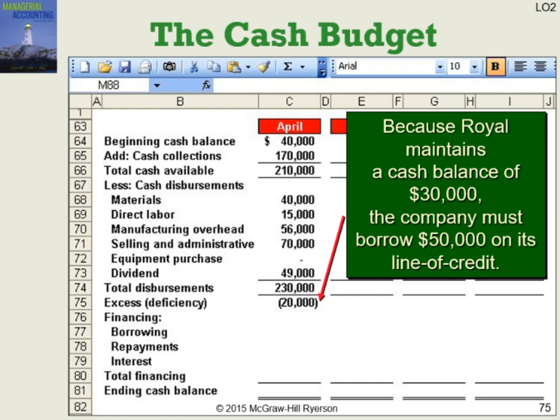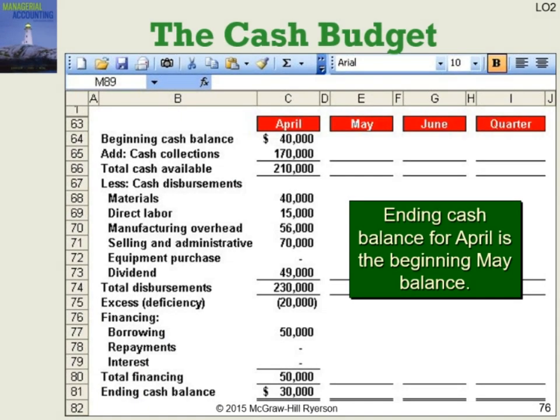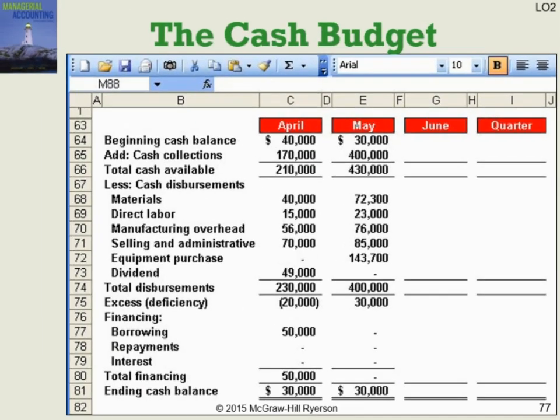So that means we have to borrow enough to maintain our minimum cash balance of $30,000. So we're in a negative position, 20. We add 50,000, and that gives us an ending cash balance of 30,000. And then we just run this through for the next 3 months. In May, we have all of the information from the budgets that we've had in the past.